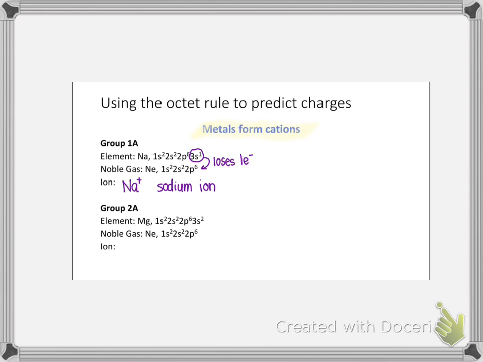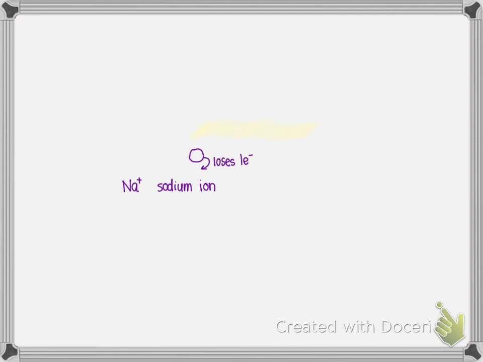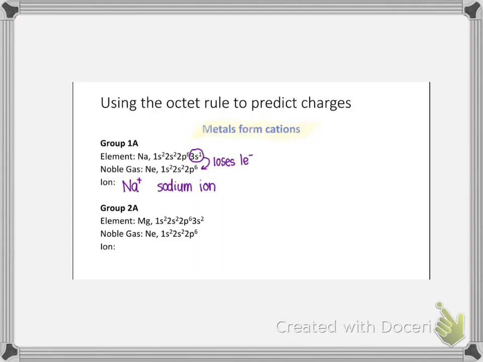So we look at its valence electrons, and it's still in the third period. Okay, so here it is, 3s2. That's its valence electron. Okay, so we just added one more.